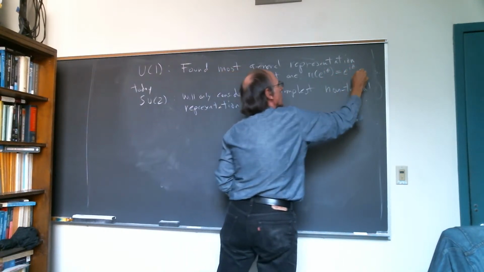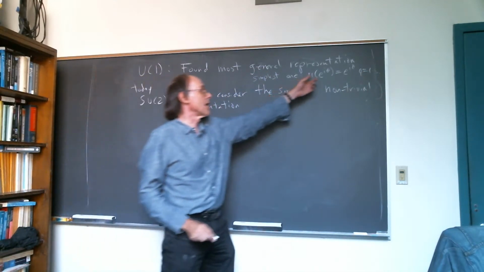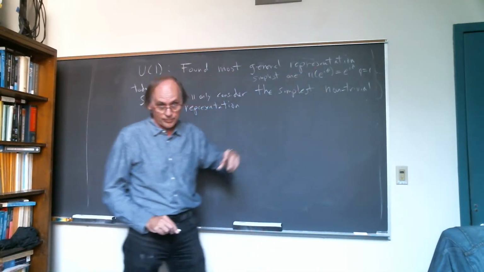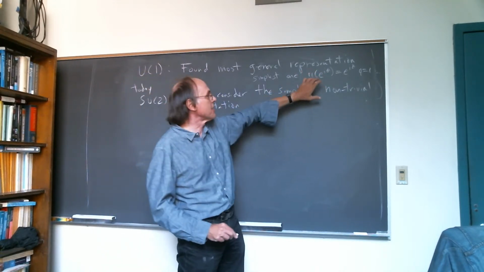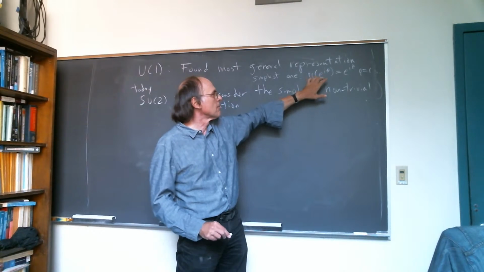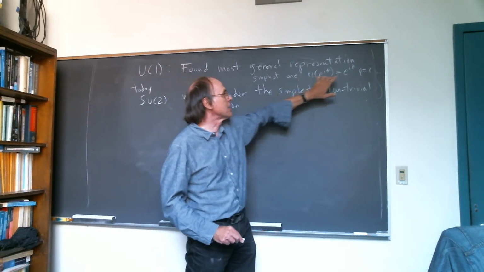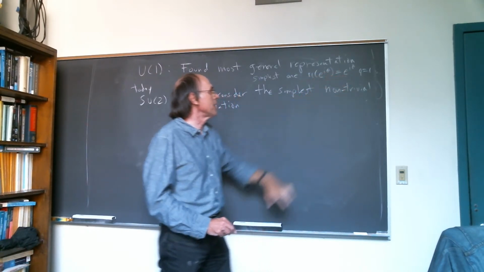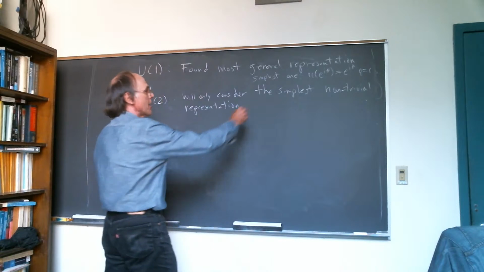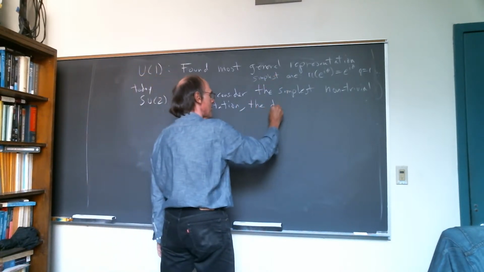This was just the q equals 1 representation. If you're taking a matrix and then pi just gives you back the same matrix, that's sometimes called the defining representation. And we're going to do the same thing here, the defining representation.